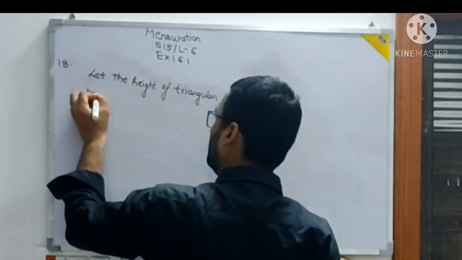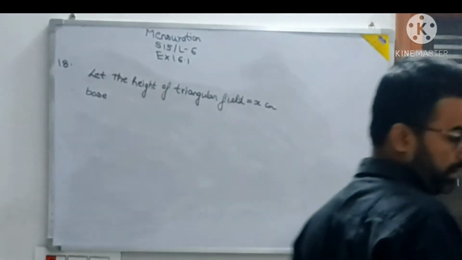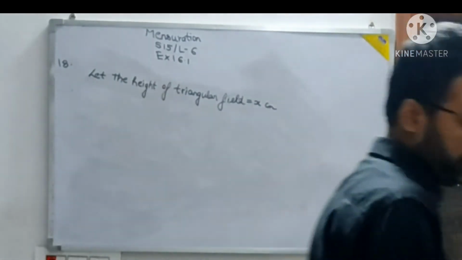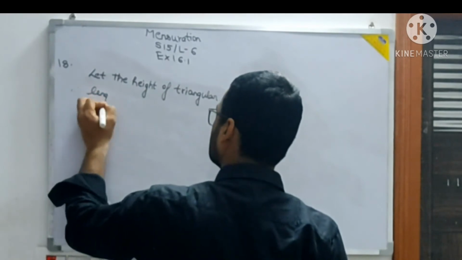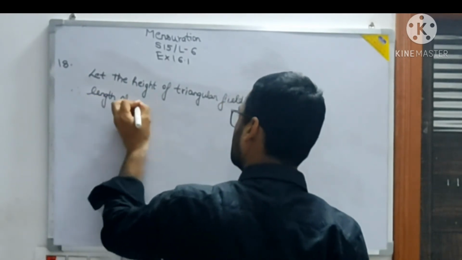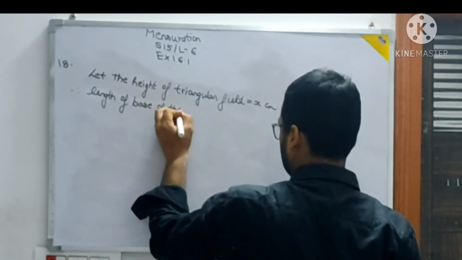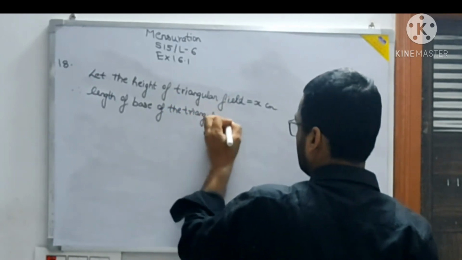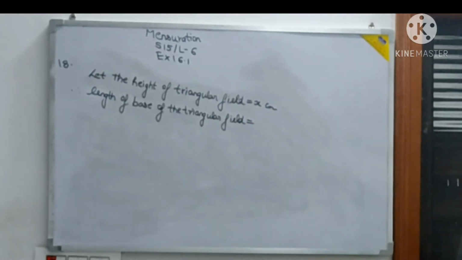Therefore, length of base of the triangular field, how much is it given? 3 times.